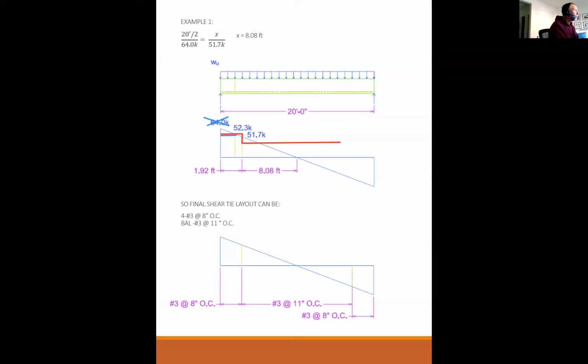So in reality, what I would do is provide more number 3s at 8 inches on center until I got out far enough that when I dropped to number 3s at 11, like so, I'm still covered above the demand.